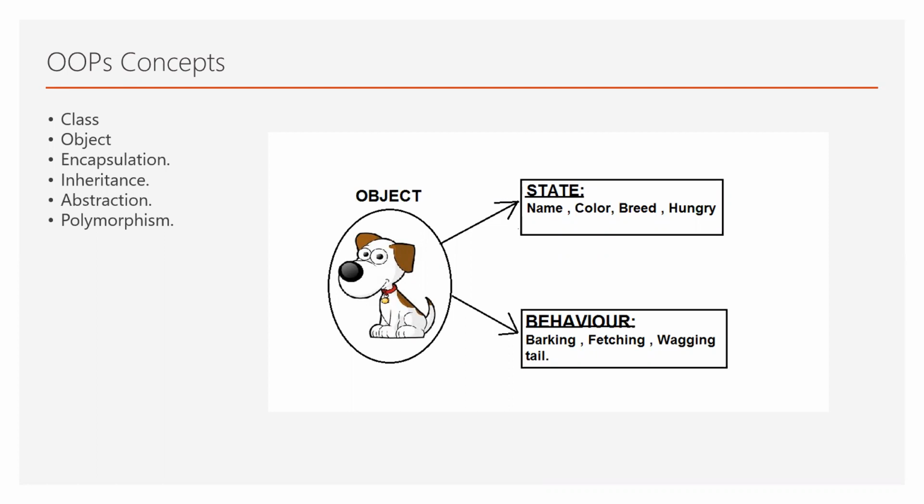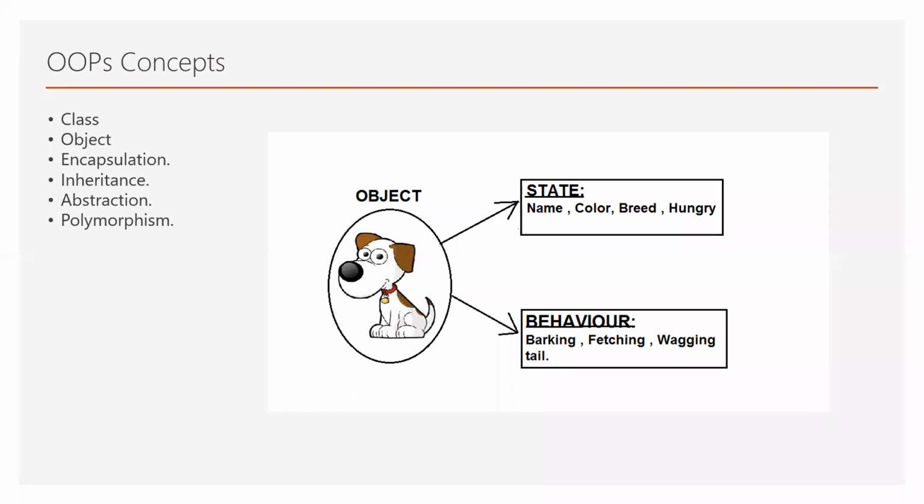For example, if you look at the same example there, our object dog has states like the name of the dog, color of the dog, breed of the dog, if it is hungry, yes or no types, right? So there are different things here. And similarly, if you come to behavior, it basically talks about what it normally does, what is the behavior of that particular object, right?